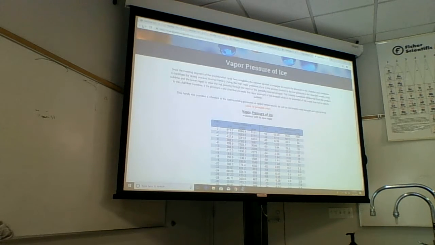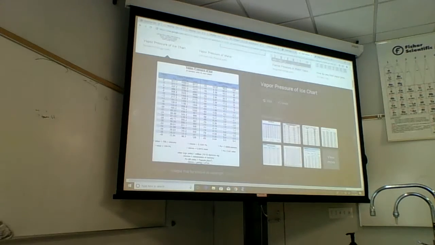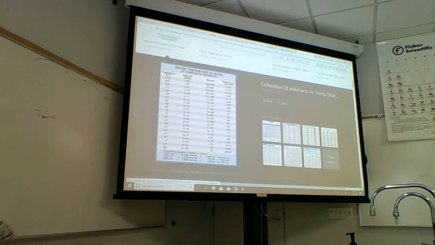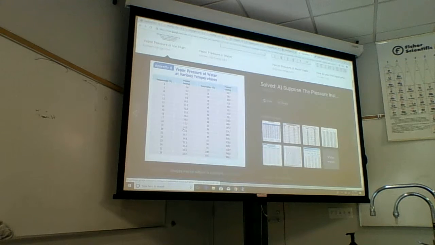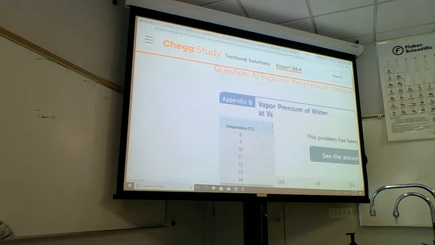It's ice, sorry. Pressure of water, ice. Get a table like this.